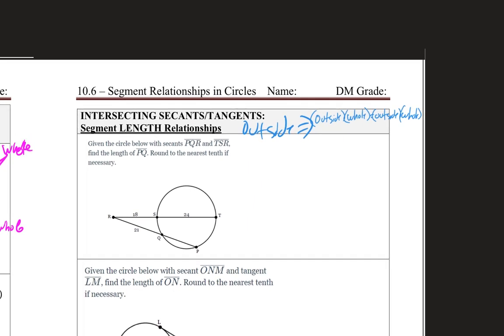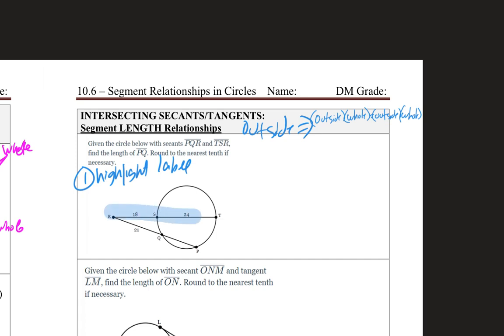All right, so let's go ahead and go for it. So the first step, we're going to highlight and label. All right, so let's go and just highlight our stuff, right? We're talking about this and this, right? All right, so on the first one, on the blue one, let's start with our equal sign, right?